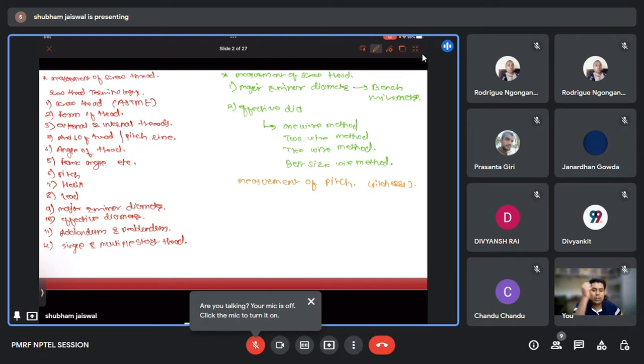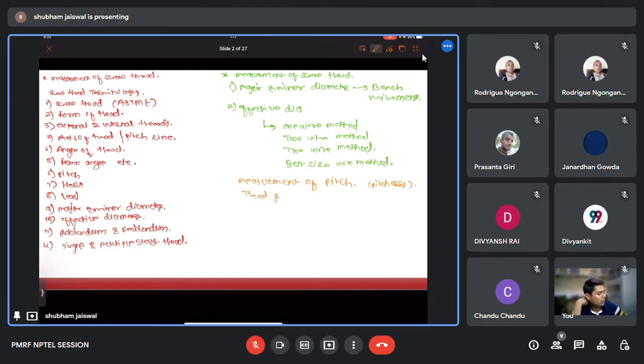After that we have seen the thread gauges. In thread gauges we have seen the different types. First, depending on the type of application, we have seen working gauges, then inspection gauges, and third master gauges.